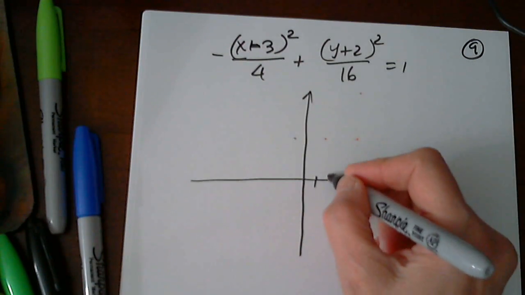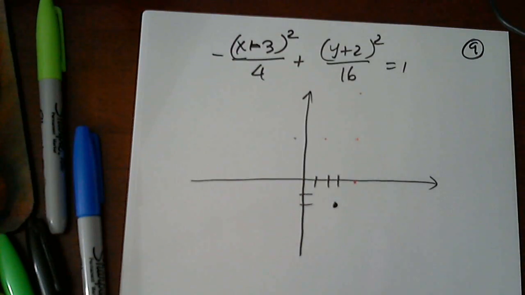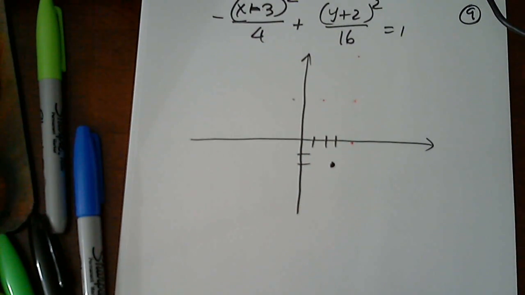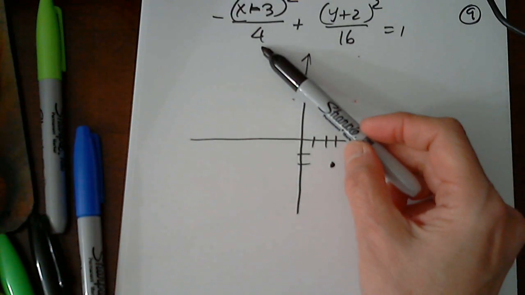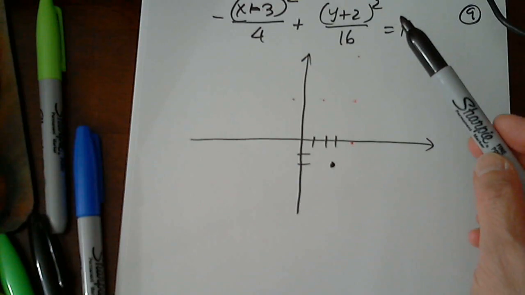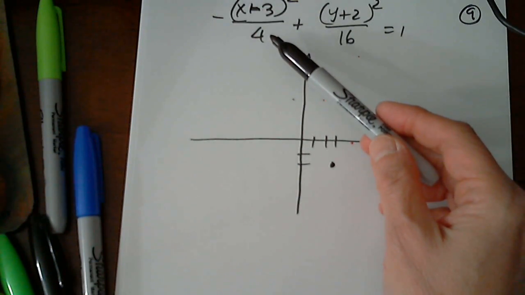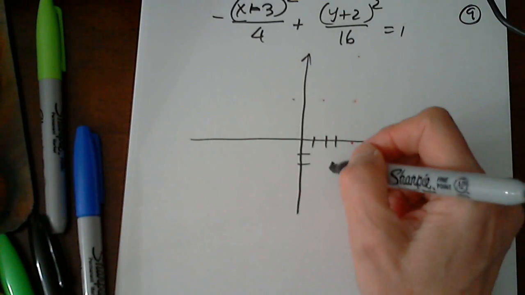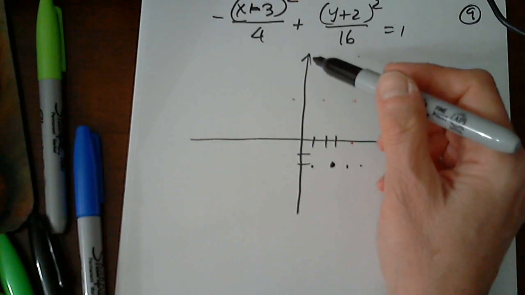The center will still be (3, -2). A will still be 2.